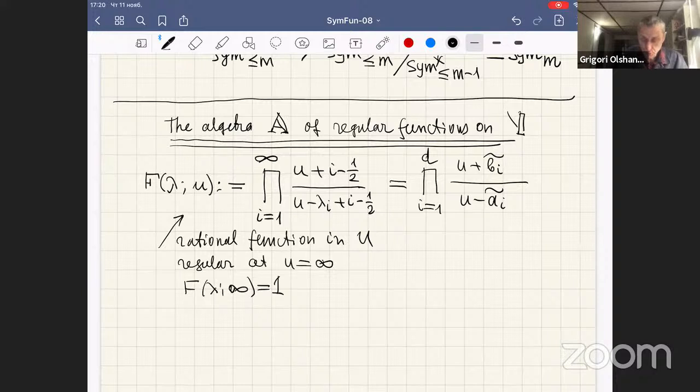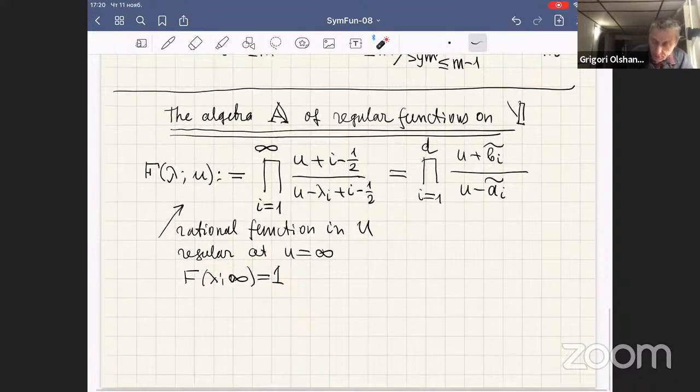Because this function is regular at infinity, the definition, sorry, is as follows.